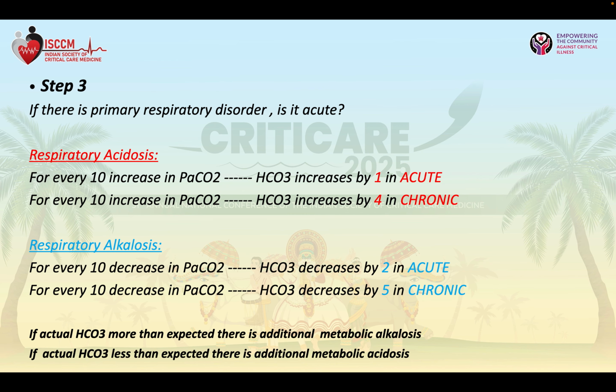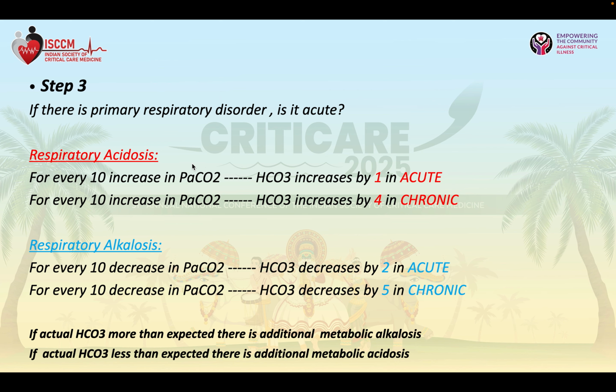Let's move on. The next step, if it is a primary respiratory disorder, is whether it is acute or chronic. Respiratory can be either respiratory acidosis or respiratory alkalosis. As far as respiratory acidosis is concerned, with every 10 increase in the PCO2, there will be compensation of bicarb, which will increase, because if the acid is increasing, the base also has to increase.